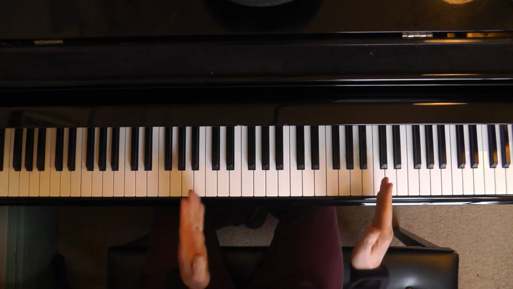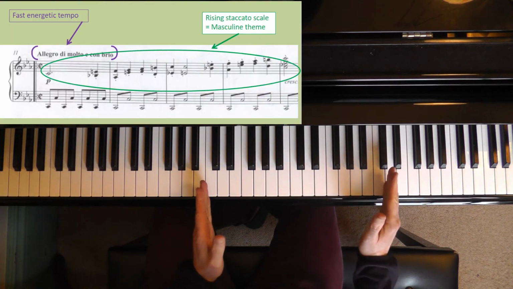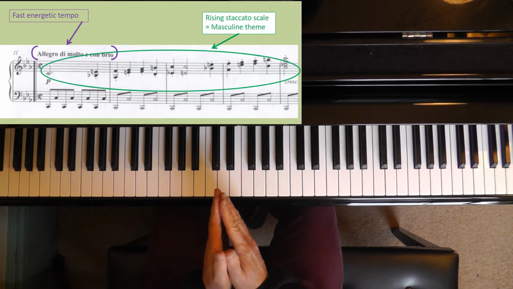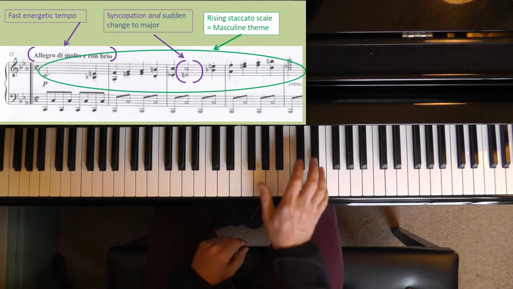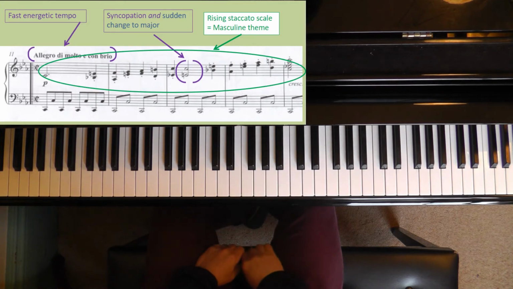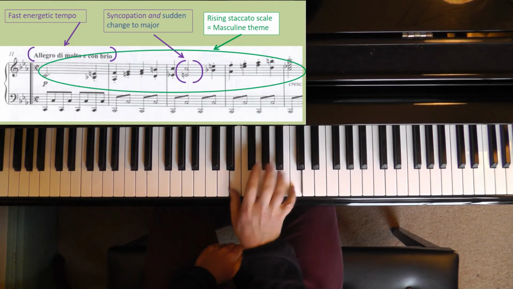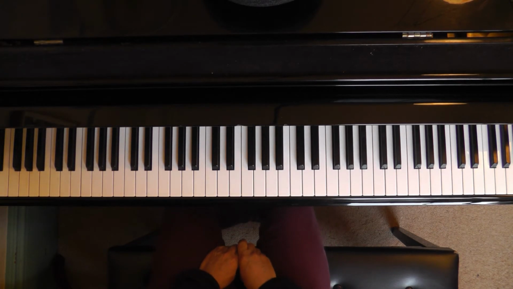So our tune is dramatic because it rises over 2 octaves, because it's staccato, because it has some syncopation in the middle, and also because we have this swift change of tonality from C minor to C major in that little section.